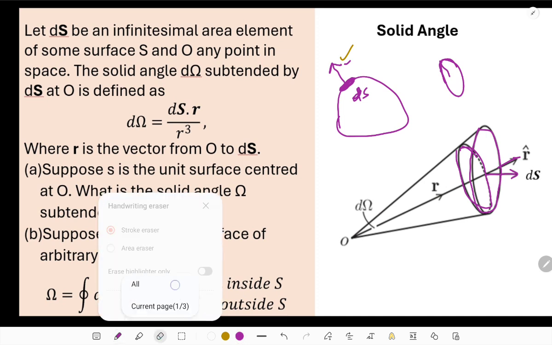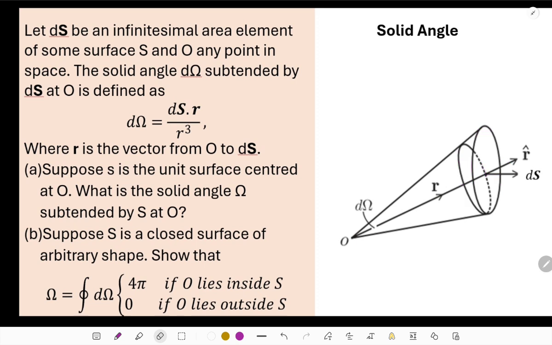So you have to make just two commitments to yourself. You will either choose an outward normal, in a closed surface especially, or an inward normal, to draw the direction of a small patch of area, infinitesimal area.